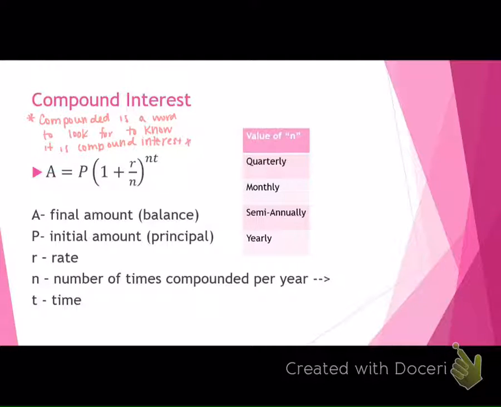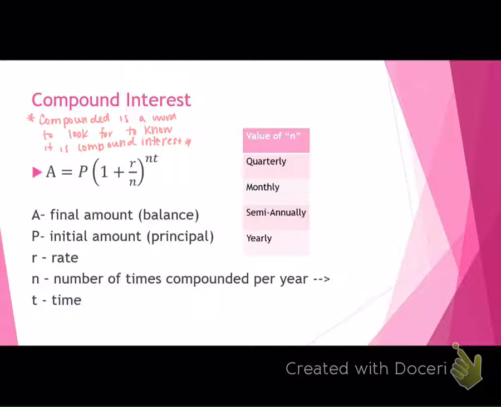So growth or decay, for growth you'll see words like increasing or growing. Appreciating means to grow. Decay, you'll see words like decreasing, depreciating, decaying. But with compound interest, you're going to look for like compounded is basically the word you look for to know that it's compound interest. So there's your formula there.